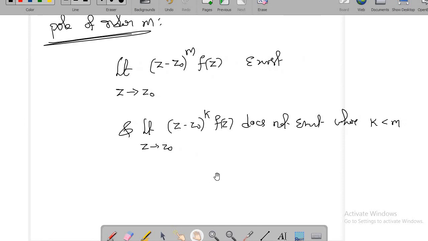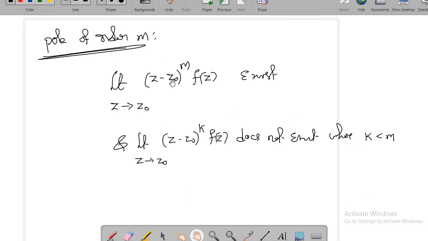Till m minus 1 the limit doesn't exist, but the moment you take z minus z naught whole power m, the limit exists. Then you can say that it has a pole of order m. But for an essential singularity, whatever m you take, the limit doesn't exist. It means if you cannot find any m for which the limit exists, we can say that the singularity is an essential singularity. Okay, now let me give you an example.